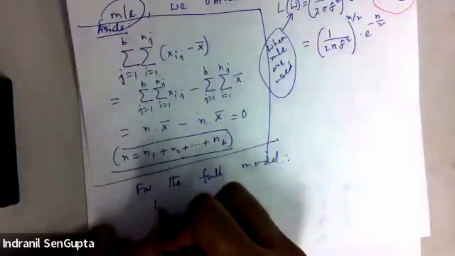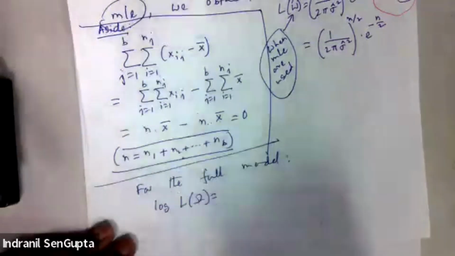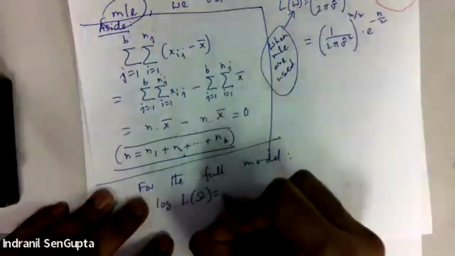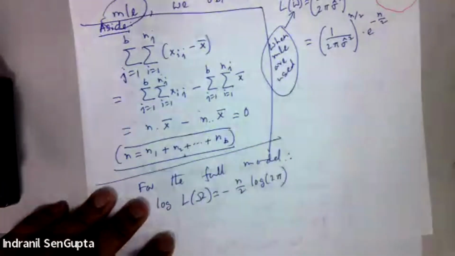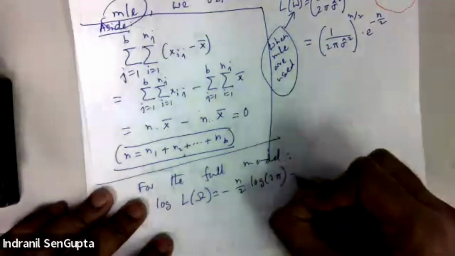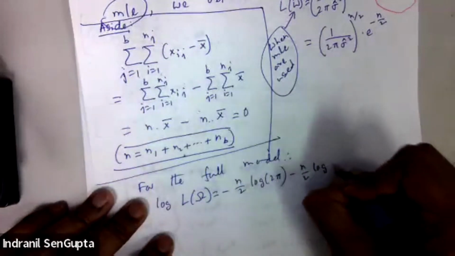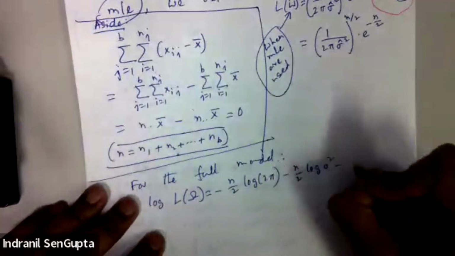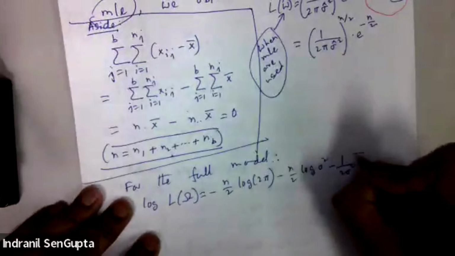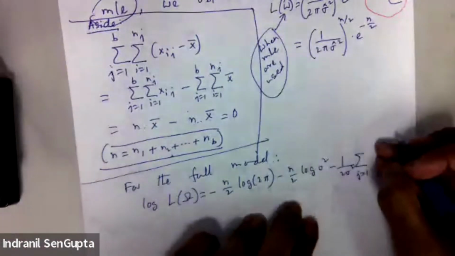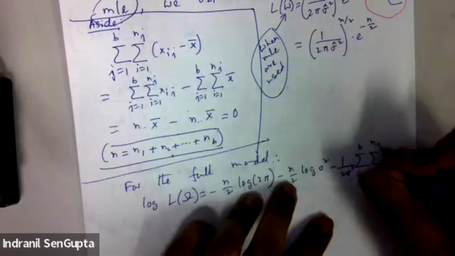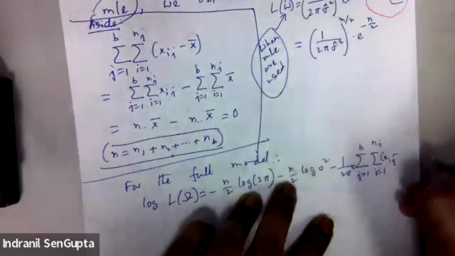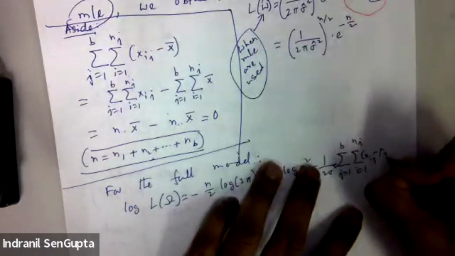So I can simplify this by taking the log of L omega, which is equal to minus n over 2 log of 2 pi, minus n over 2 log of sigma squared, minus 1 over 2 sigma squared, the sum over j from 1 to b, i from 1 to n sub j, of x_ij minus mu sub j, squared.